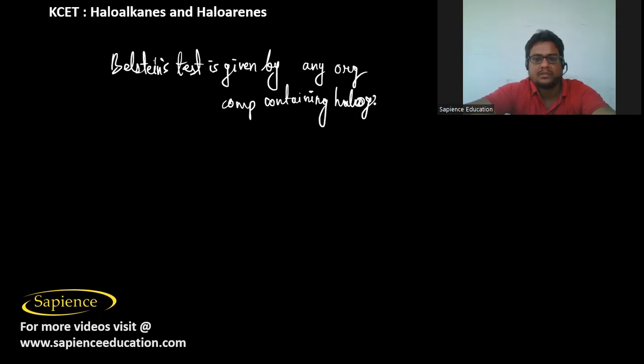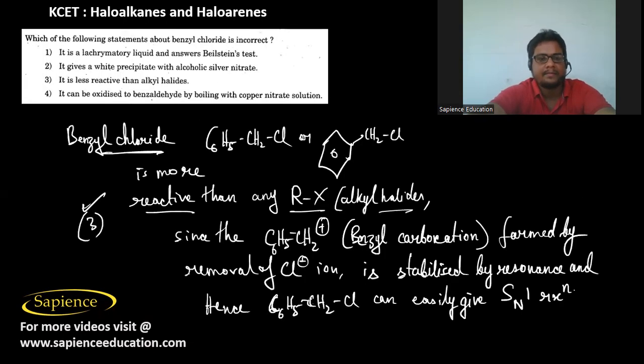Now this benzyl chloride, C6H5CH2Cl, contains chlorine as the halogen, so it will give the Beilstein test. Hence, the first statement is true.